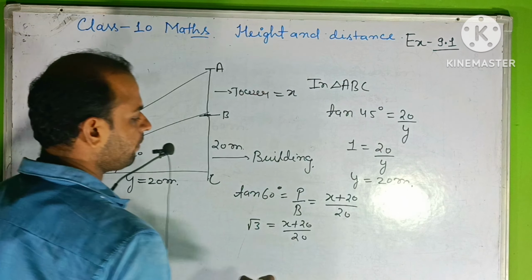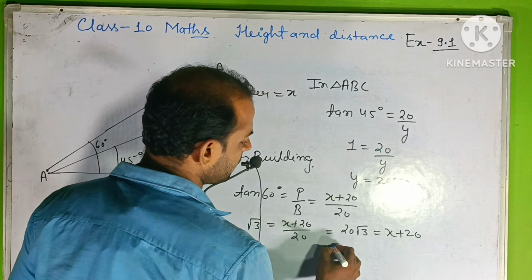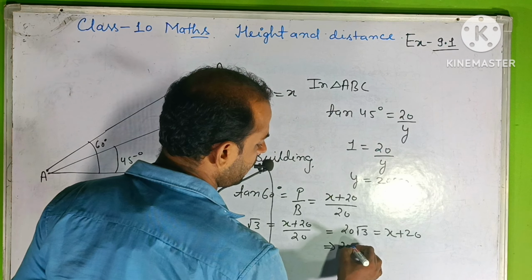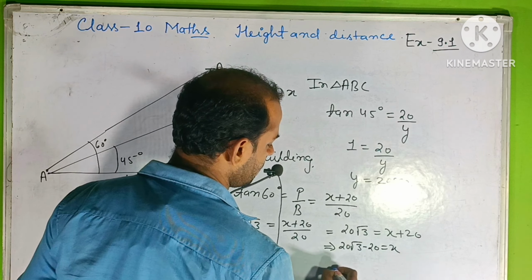You will cross multiply it, and what you will get? 20 root 3 is equal to x plus 20. Now this 20 will come to this side: 20 root 3 minus 20 is equal to x, and now 20 will be taken as common: 20 (root 3 minus 1) is equal to x. This will be the answer.